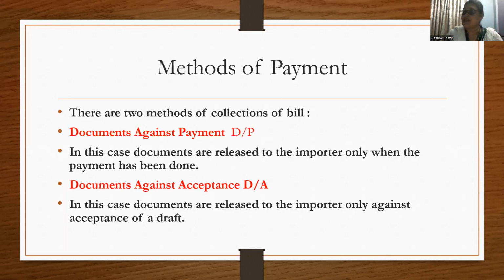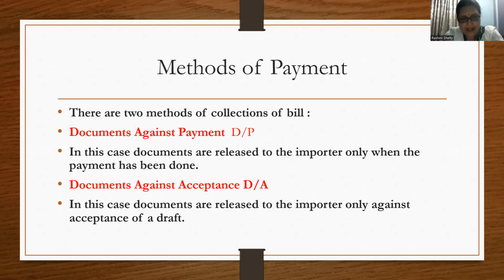So, as soon as the work is done, the exporter takes all his documents like shipping bill, bill of lading, and his invoice. Invoice is the actual bill for the goods. He submits these documents to his banker, with instructions to send them to the importer's bank.